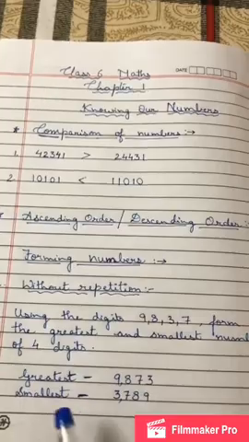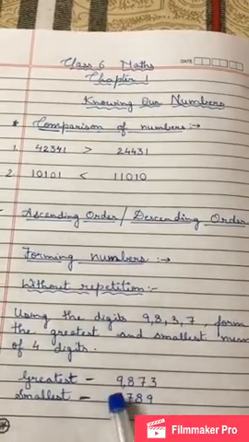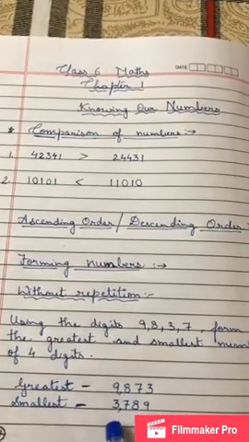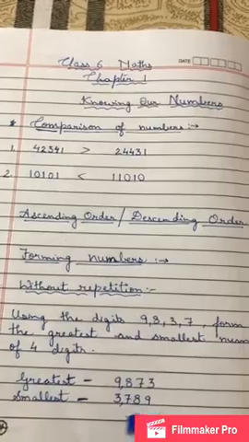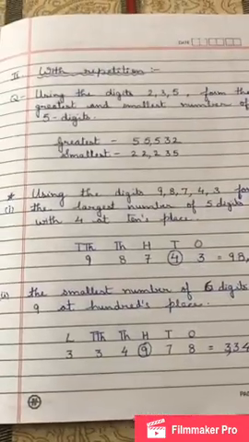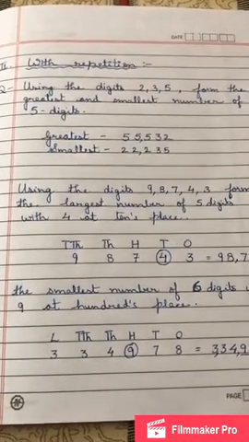So we'll have the greatest number as 9873, that is 9873. And the smallest we will have 3789, that is 3789. Second type is forming the numbers with repetition of digits.